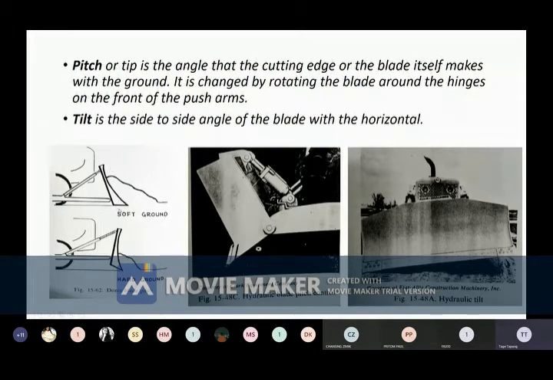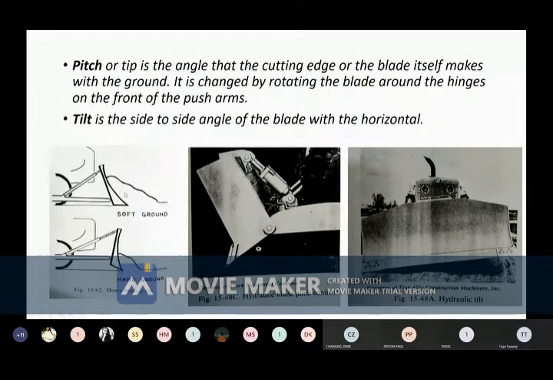This is a small extension. This is your cylinder and the piston rod is extended here, a small amount. In this case, you can see this angle is more than 90 degrees if you compare from the ground on this side.